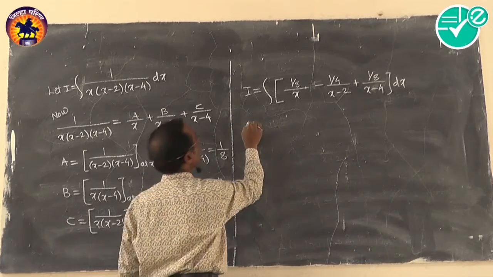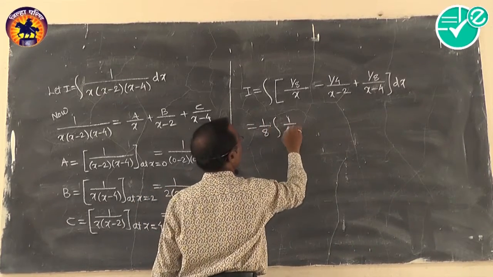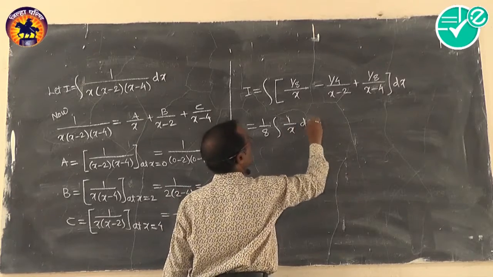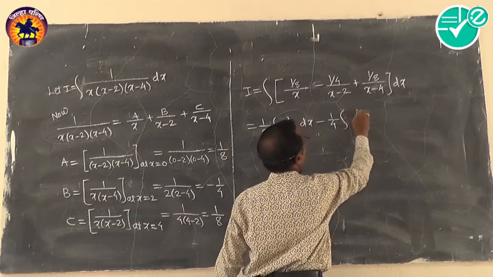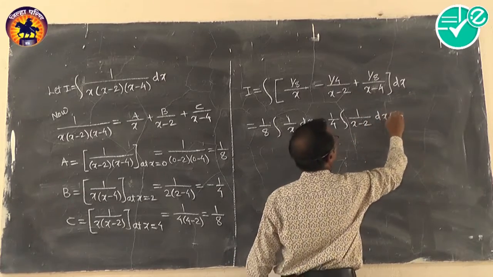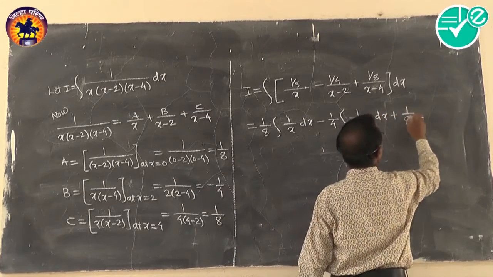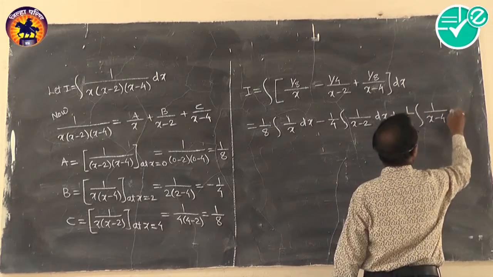So we get separate integrals: 1 by 8 into integral of 1 by x, minus 1 by 4 into integral of 1 upon x minus 2 dx, plus 1 by 8 into integral of 1 upon x minus 4 dx.